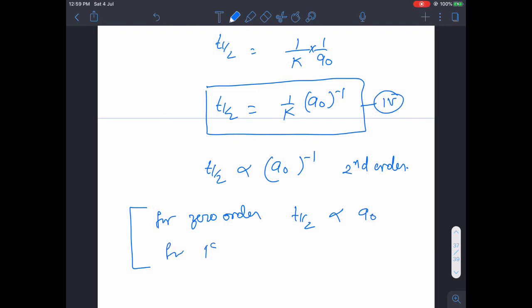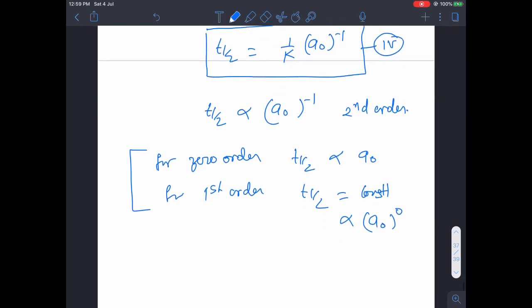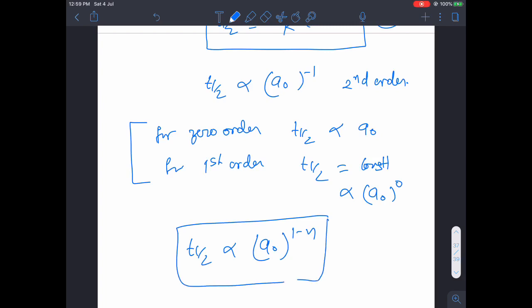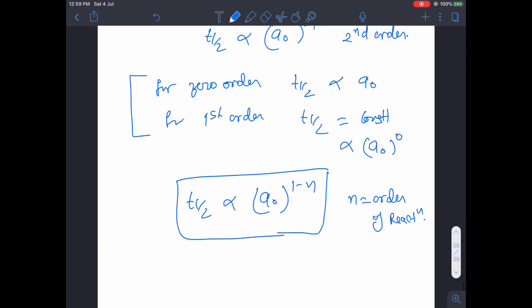For first order, t half was independent, that was constant, that is proportional to A0 to the power 0 simply. So by looking at these three, can we generalize this, that half-life is directly proportional for nth order reaction to A0 to the power 1 minus n, where n is the order of the reaction. Alright, so we have got these two values.